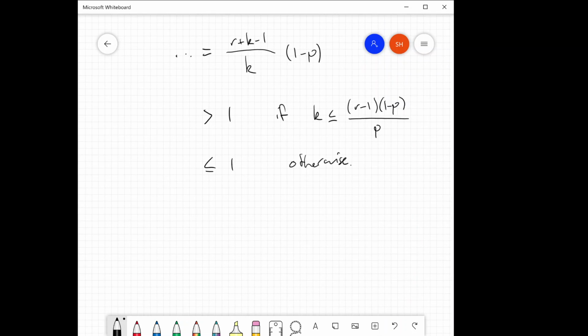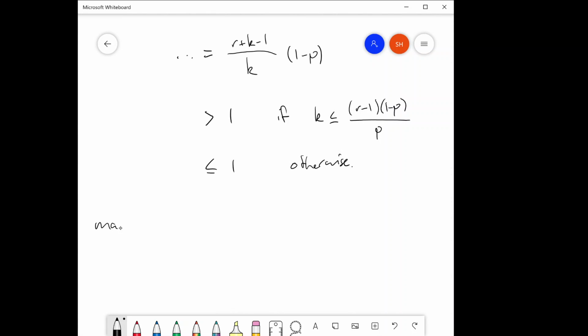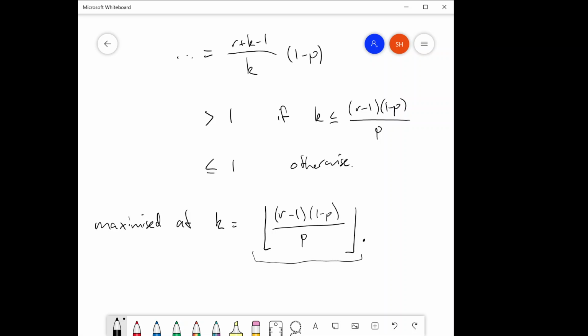So that means that it's maximized at k equals the floor of (r minus 1)(1 minus p) divided by p. Okay. So yeah, we've found the most likely number of white balls you have to take before you expect to get r red balls.